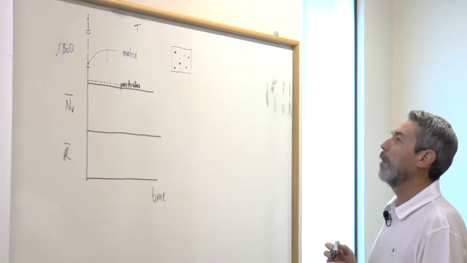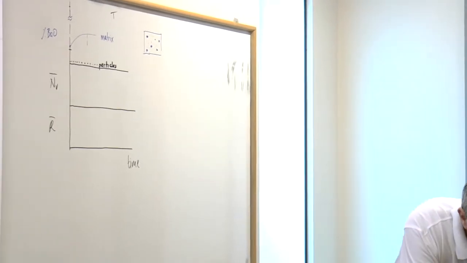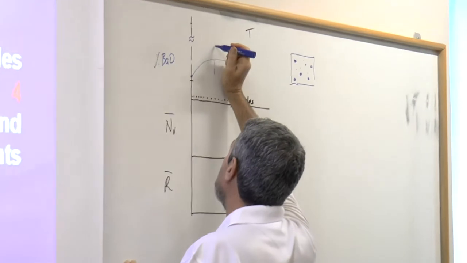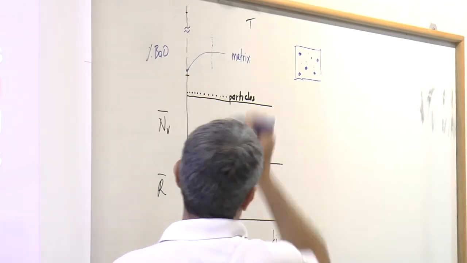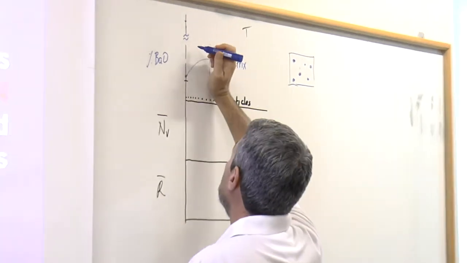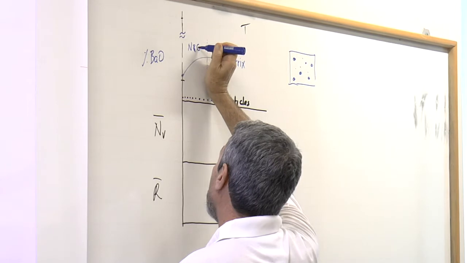Matrix and particles. The process that happens here, up to the point when the composition of the matrix becomes constant, is nucleation and growth.